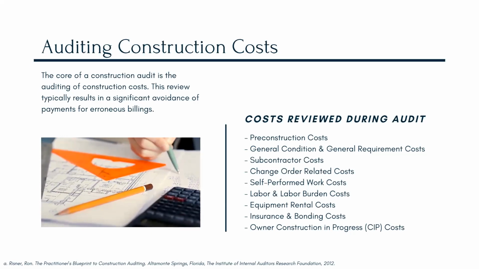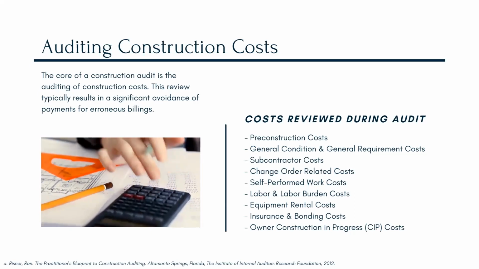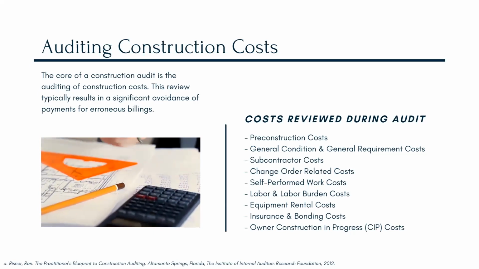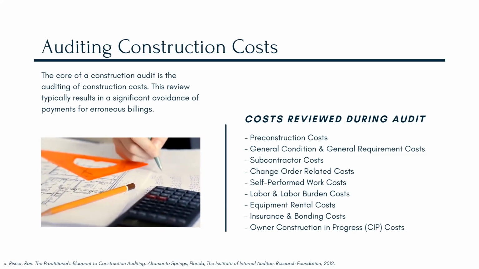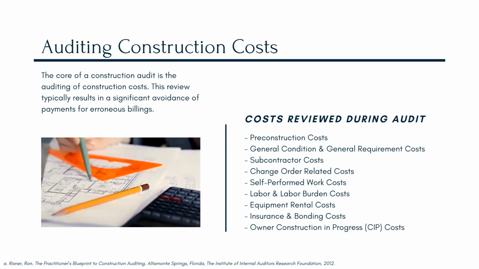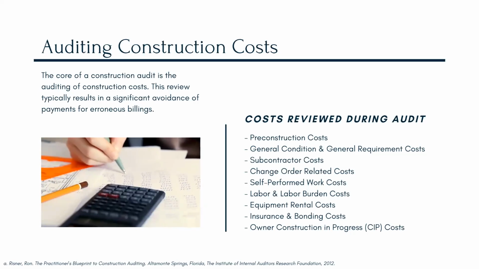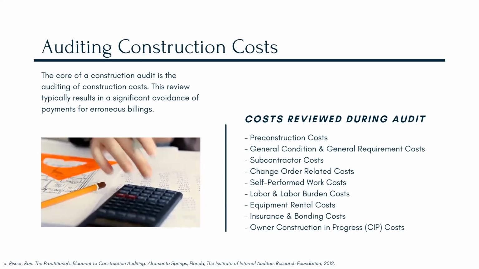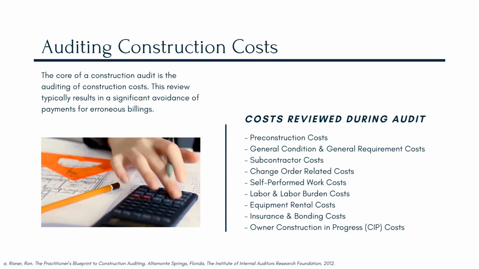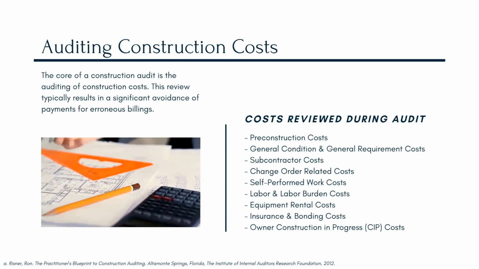And one of the major risks, and we'll get into risks a little bit later, with subcontractor costs are credits that go to the general contractor that are not passed back on to the owner, or any changes in scope that the subcontractor makes that again are not passed on to the owner.